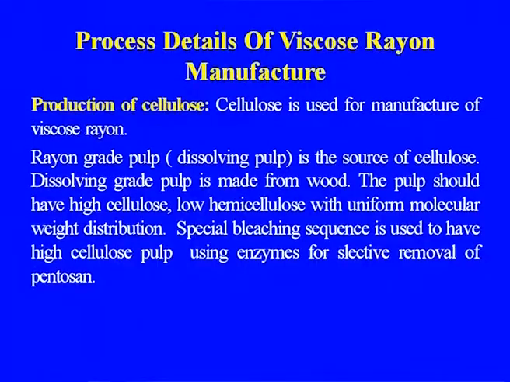The pulp should have high cellulose, low hemicellulose, with uniform molecular weight distribution, and a special bleaching sequence, because a lot of deterioration in the quality and strength of the pulp occurs during conventional bleaching with chlorine, chlorine dioxide or hypochlorite. Here we need some other modified bleaching sequences for making rayon grade pulp, one of which is enzymatic bleaching.